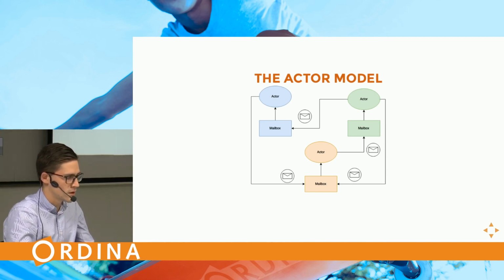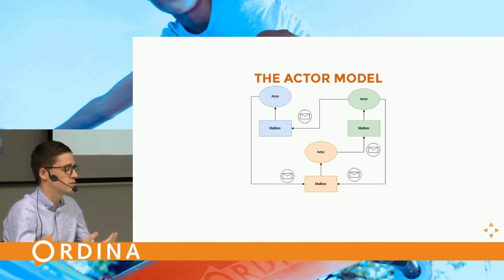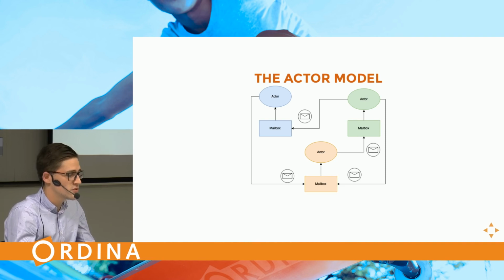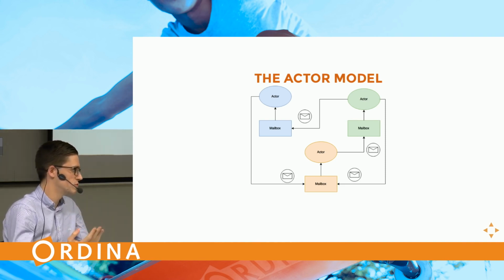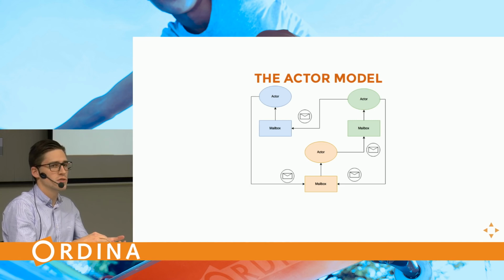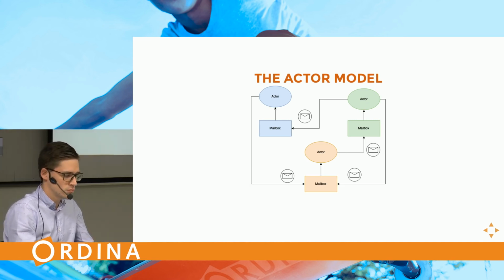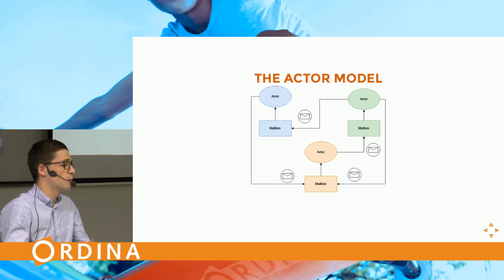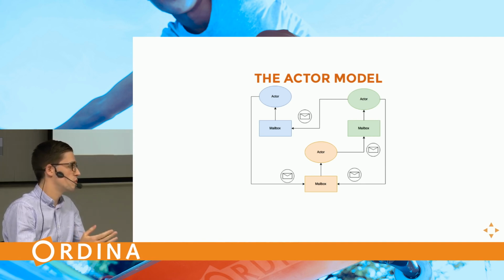And what the actor will do is simply respond to these messages that it receives. It's interesting to know that the order in which messages arrive from a certain actor is kept. So if you have an actor sending two or three messages to another actor, the order in which the messages were sent is kept. So for example, if you have one message that depends on the result of the other, you have no worries thanks to that.